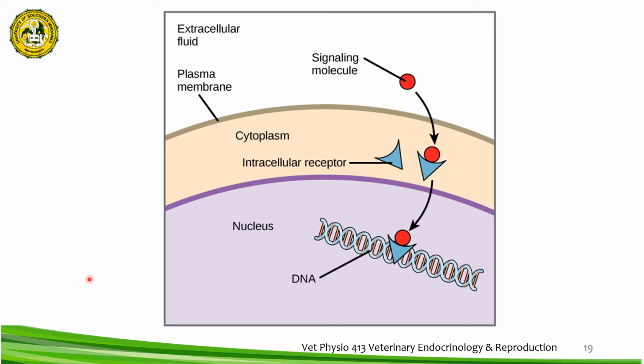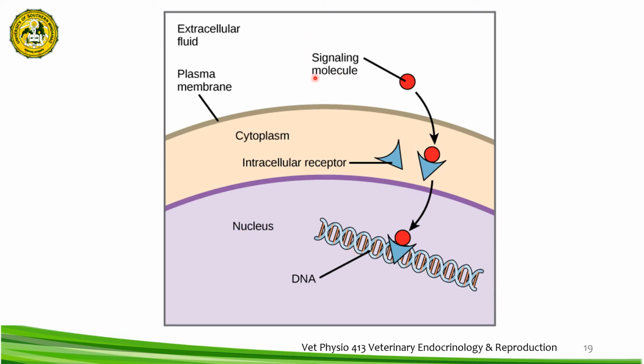We have here an example of the mechanism whereby the intracellular receptors will bind their ligand, which are the hydrophobic signaling molecules. Again, when we say hydrophobic, these are lipid-soluble. Since they are lipid-soluble, they can diffuse readily across the plasma membrane. This is the plasma membrane of our target cell. We also have here the cytoplasm, the nuclear membrane, the nucleus, and the DNA.